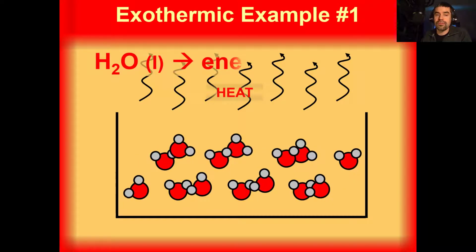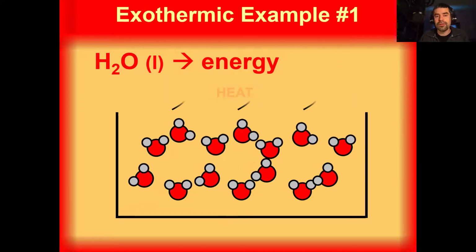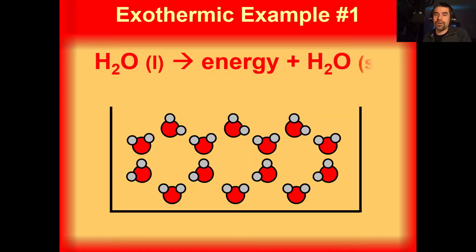So heat is released into the environment, and the particles become a solid. They would be moving around a little bit more, but I didn't have the animation in this case to show that they would be doing that. So that is a physical change, the opposite of the endothermic process that we saw before.